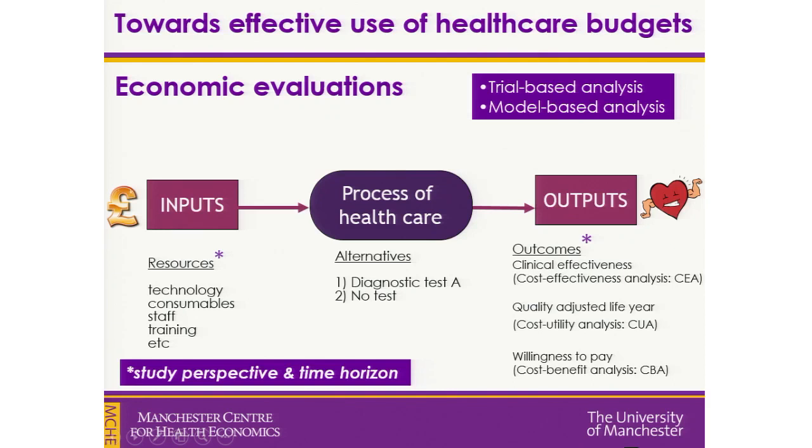So the last thing I want to say about this slide is we've got three alternative methods of using economic evaluation: cost effectiveness, cost utility, and cost benefit. These two, so cost effectiveness and cost utility analysis, will tend to be the ones that you'll see used in practice. And in a moment I'll explain a little bit why that is. The other thing to explain, just to make things more confusing, is whether you call it a cost effectiveness analysis or cost utility analysis, or interchange the two terms, depends on whether you are British or, on the other side of the pond, North American.